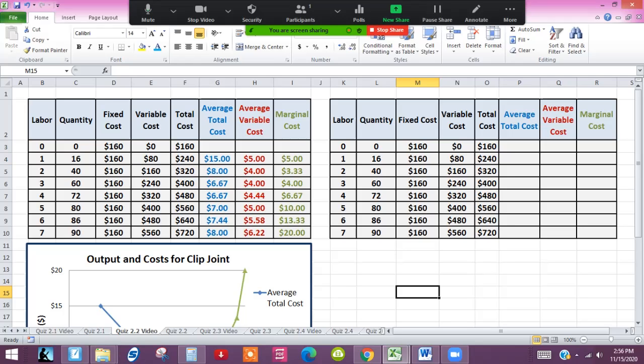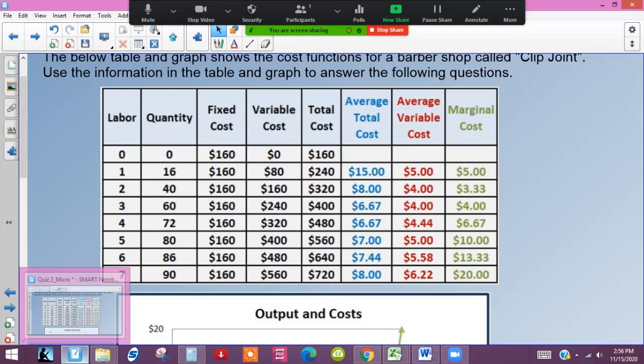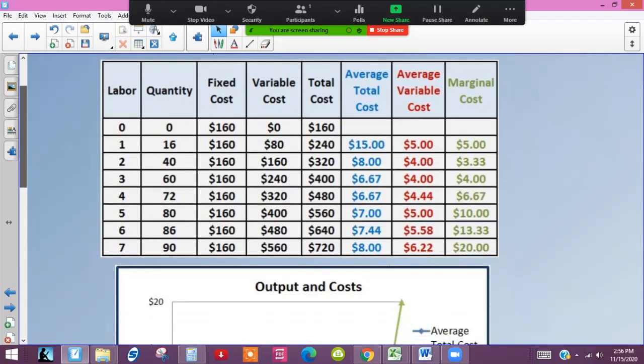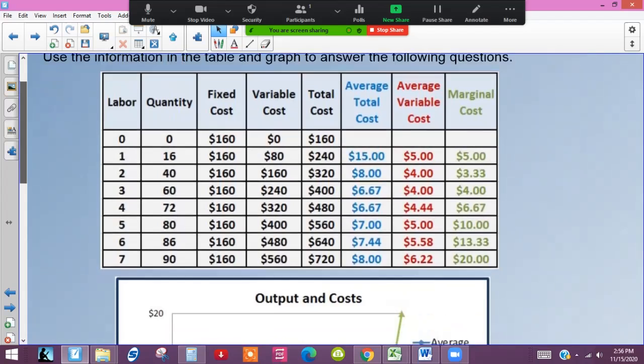You're not going to see the answers. You're going to see these blank cells in the one that you're going to be doing for your quiz. But I'm going to show you how to do this, and it isn't hard. So let's jump back over to the one over here.